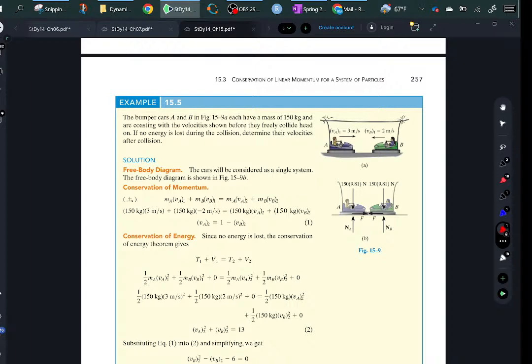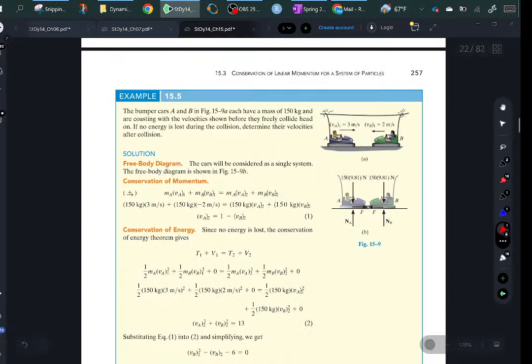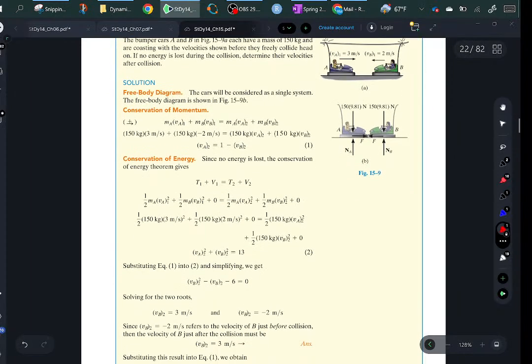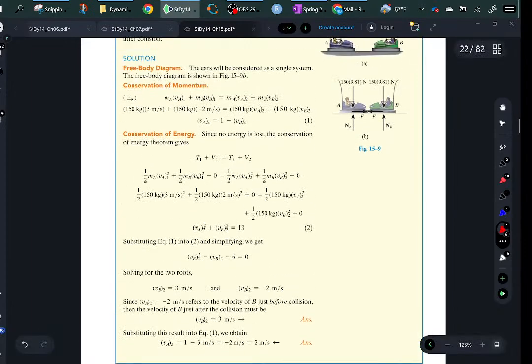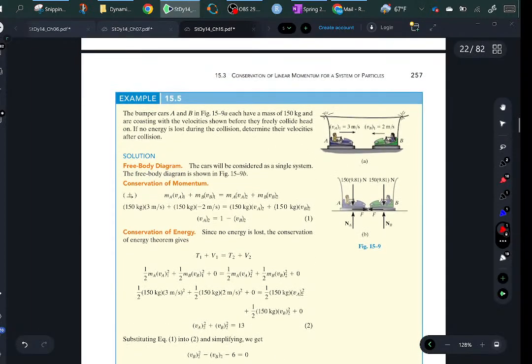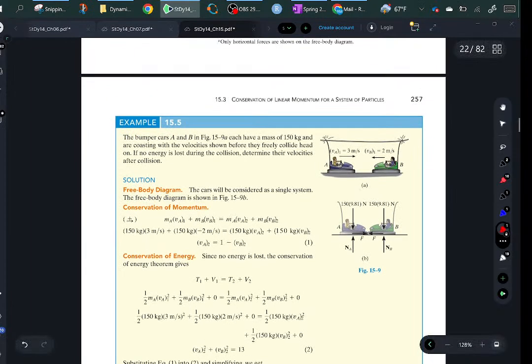Here's something interesting. Anyway, here you've got a situation where maybe I will pay real close attention. Both car A and B each have this mass.